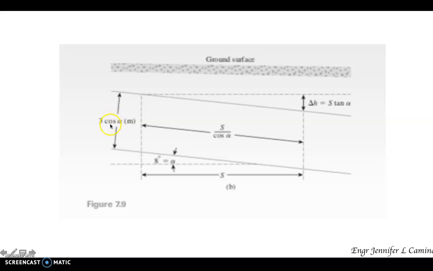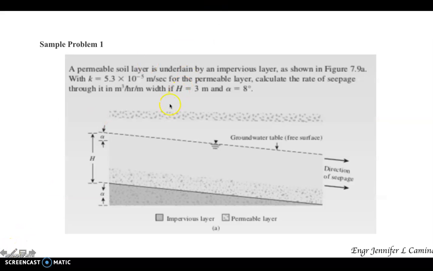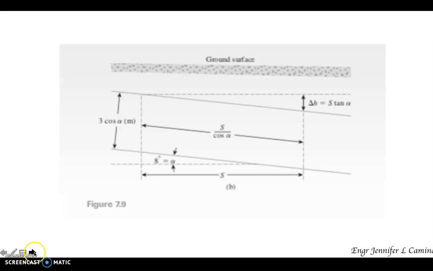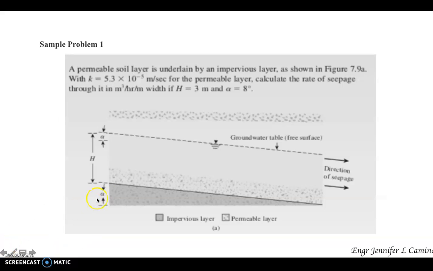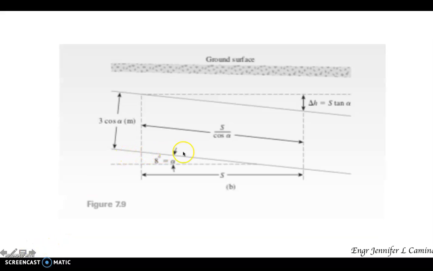This is basically from our H, which is 3, so you can have this as 3 over cosine alpha, where alpha is 8 degrees, and this distance is equal to S tangent alpha, and this one is our S over cosine alpha. Our S is the distance. This is the horizontal. S is the horizontal distance.